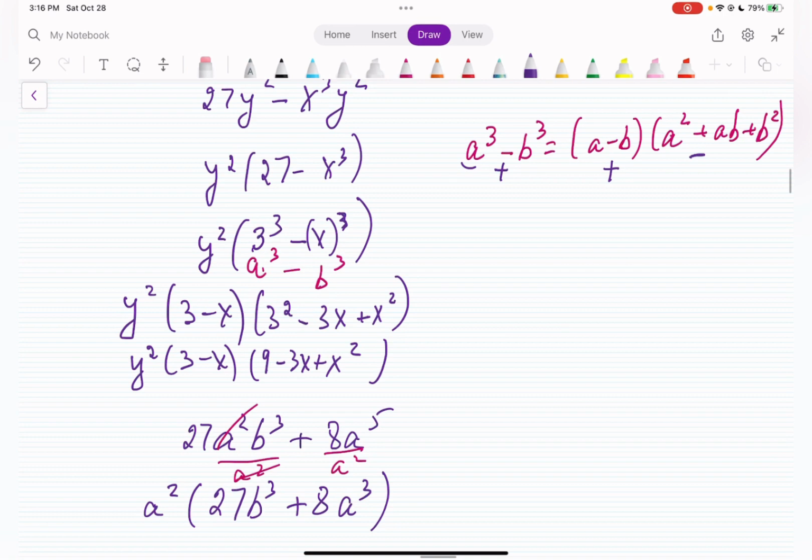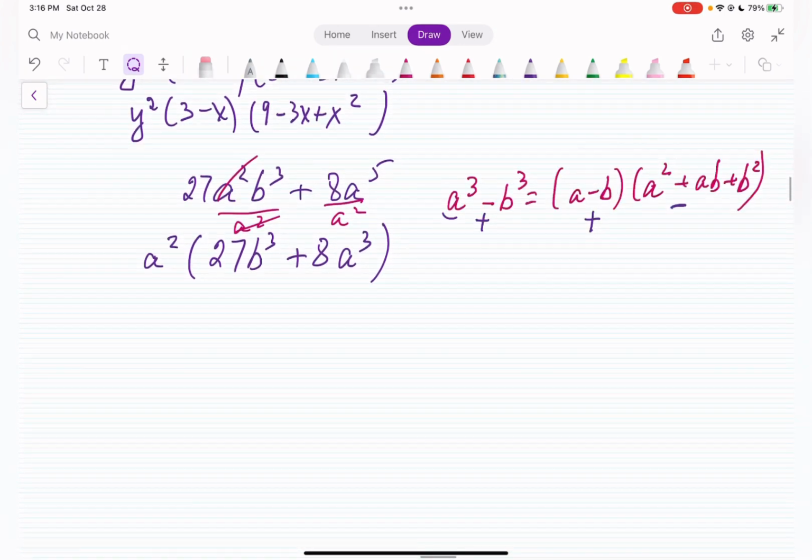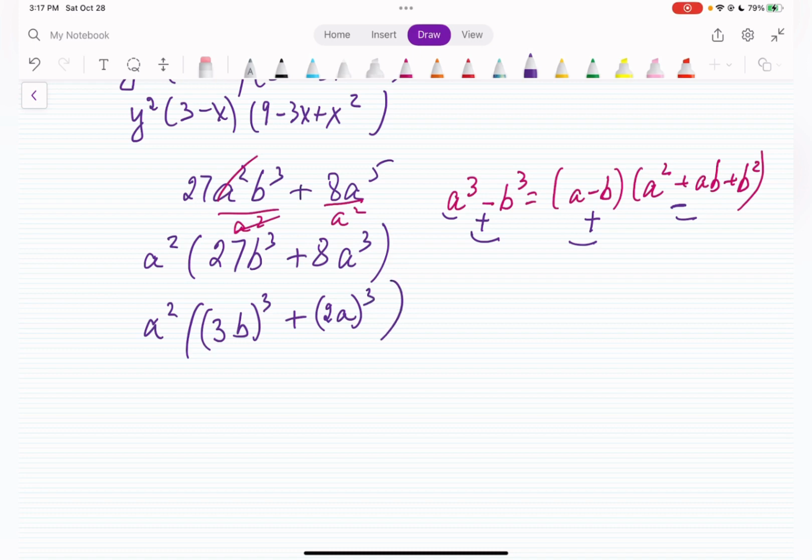Okay? Now, what do we get from here? Since we have addition, it means here is going to be subtraction. This parenthesis repeats itself here; the sign was plus, so we also use plus. So a squared, 27 is 3 cubed, 3b cubed, and plus 2 is 8, 2a cubed. So this is our a to power 3, this is our b to power 3.